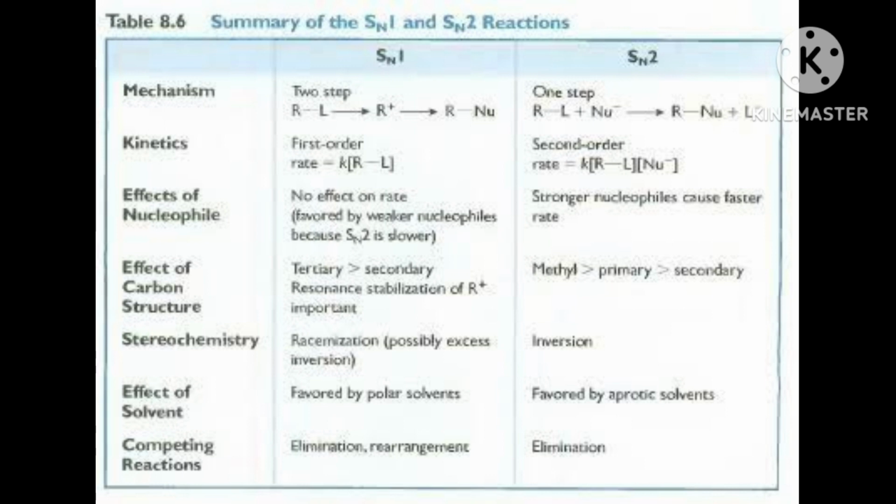In the case of tertiary alkyl halide, why am I focusing here? Because the carbocation first has to form, and it should form fast. When will it be stable? Stability of carbocation means there should not be more alkyl groups attached to this carbon.